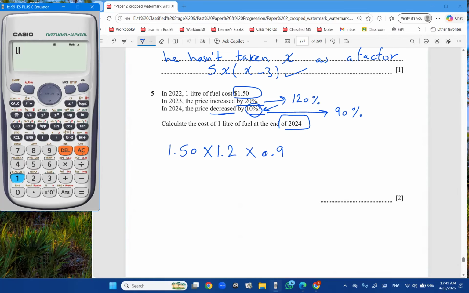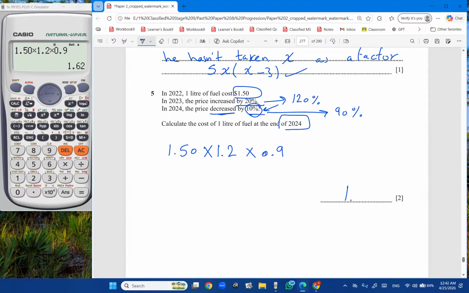Doing this on your calculator gives you 1.62. This is the price of 1 liter at the end of 2024, $1.62.